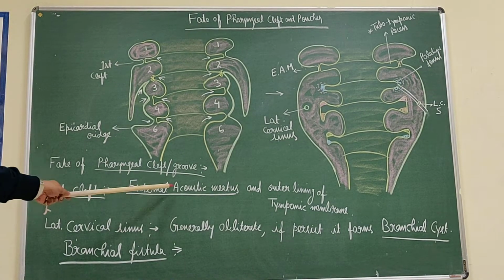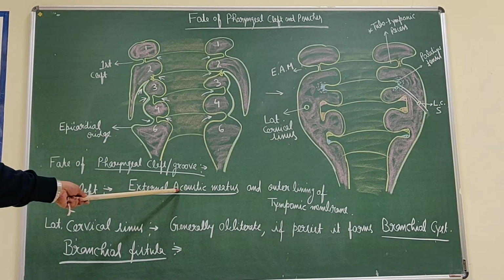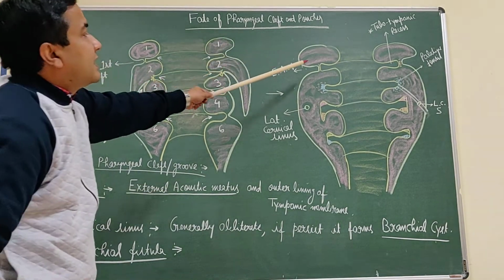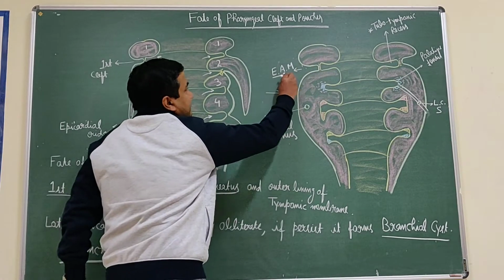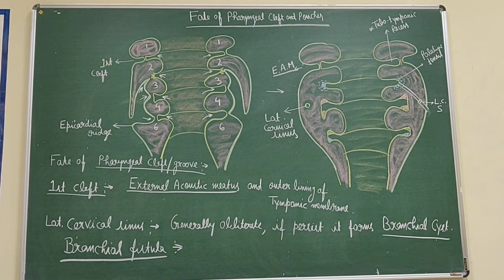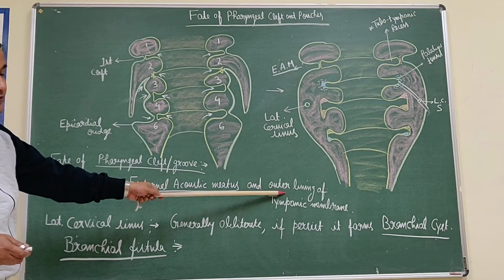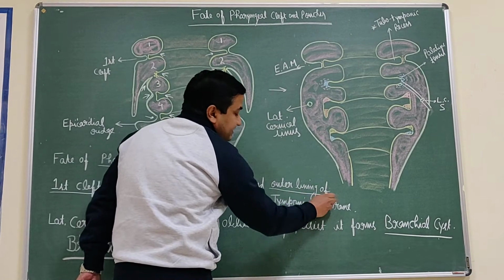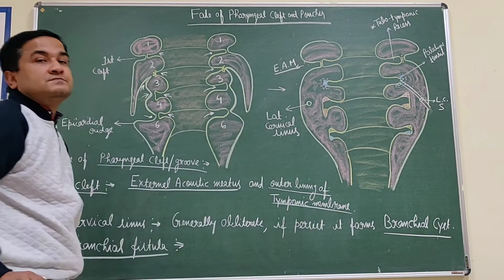The external acoustic meatus and its lining is formed by the first ectodermal cleft. This is the external auditory meatus. And it also forms the outer lining of the tympanic membrane.